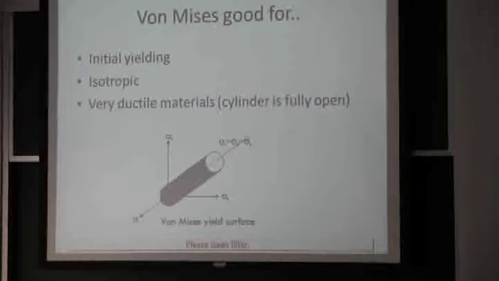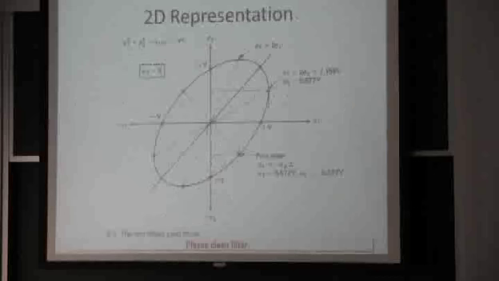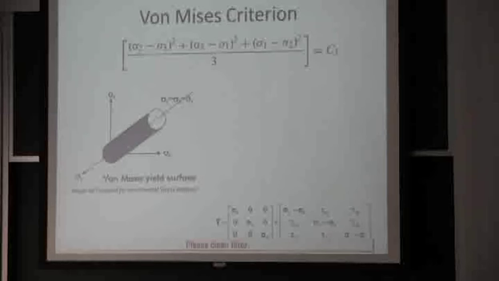After you start yielding, I talked about all sorts of things that happen for hardening in the material, and we'll need another framework for taking care of that. The von Mises equation, the way it starts, doesn't tell you. It only has one material constant, which is C1 on this page.